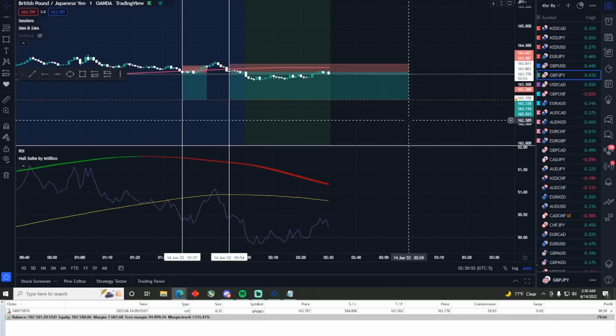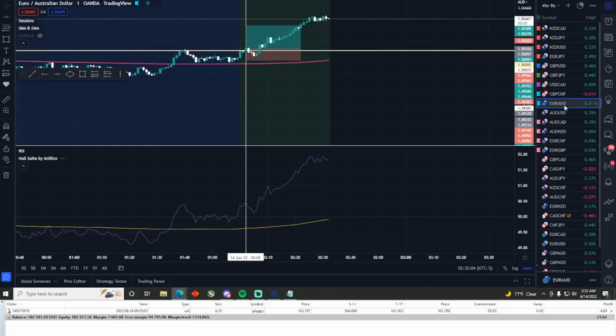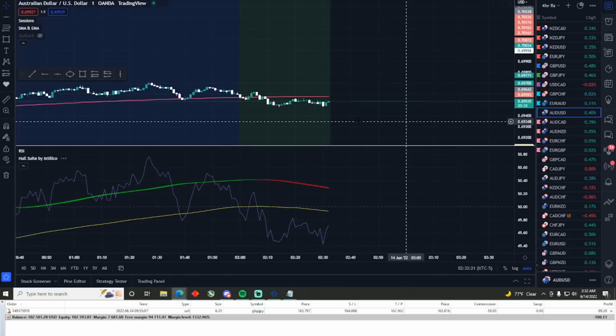I also want to bring up currency correlations. You have to be very, very careful of this. If you're looking for an EU long like we were in this case, then you're assuming that the Aussie dollar is going to be weak or that the euro is going to be strong. For the case of the Aussie, if the Aussie dollar is weak, EA price will go up. If the Aussie dollar is weak for AU, price will go down.